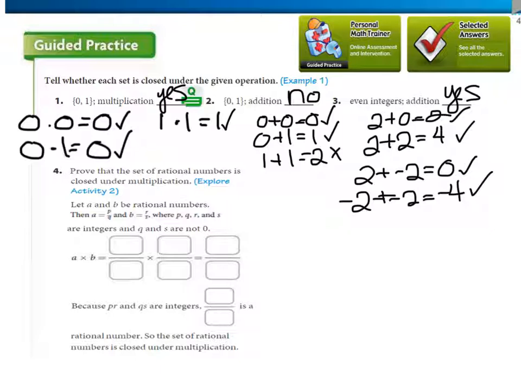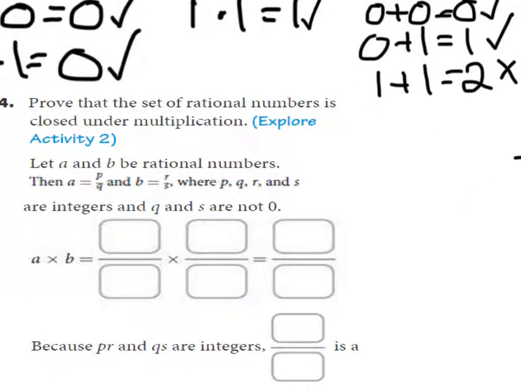So now let's look at one more proof, proving that the set of rational numbers is closed under multiplication. So the first thing is a and b are rational, which means we can write them as a fraction. And we're talking about multiplying, so we're going to go p over q times r over s. Well, p times r is pr. q times s is qs.